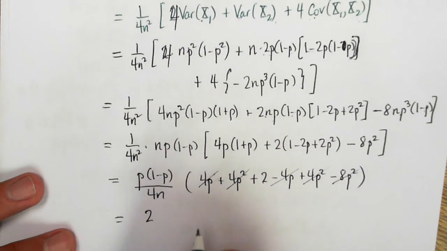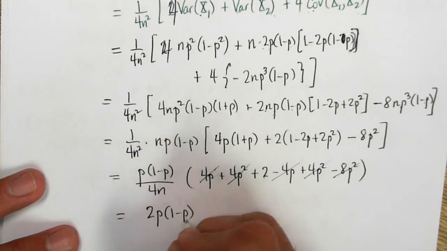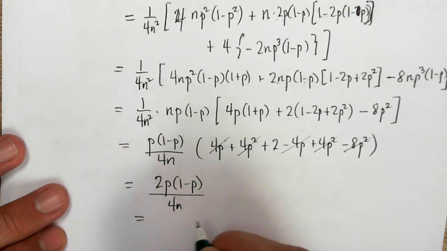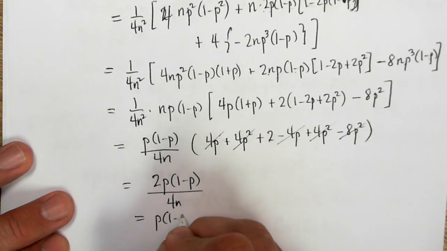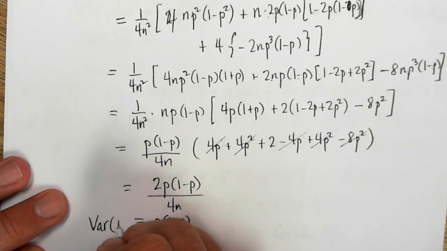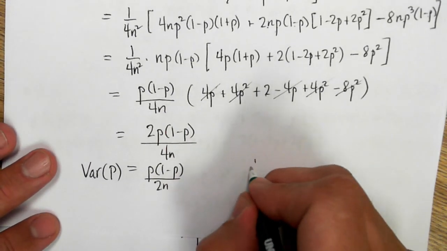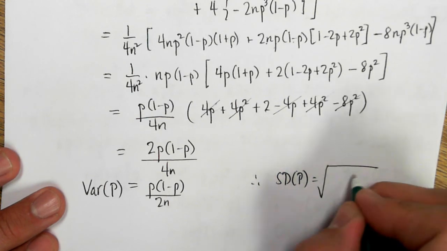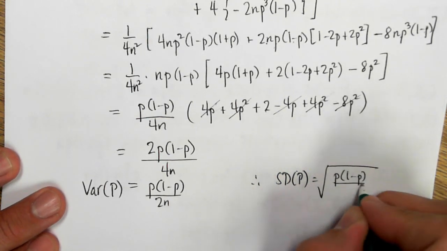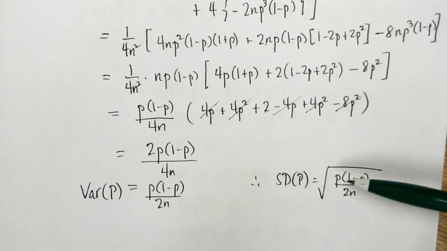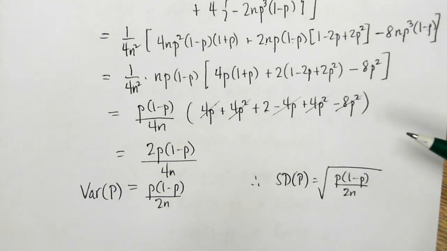So I have 2 times p times (1 minus p) over 4n, which works out to be p times (1 minus p) over 2n. And so that is the variance of p. Therefore, the standard deviation of p will be the square root of that. So the square root of p times (1 minus p) over 2n. And so this would be interpreted as the standard error when estimating the population p given the sample.